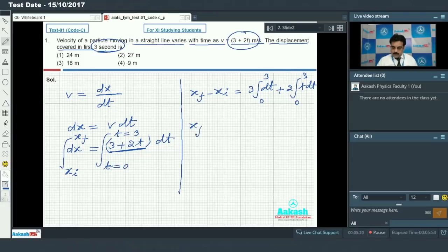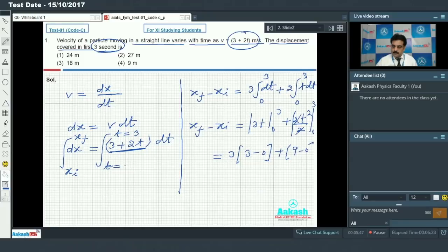So final position minus initial position gives 3t from 0 up to 3 plus 2t square upon 2 with limits 0 up to 3. If I use upper limit minus lower limit, the 2 will cancel out, so you will have 9 minus 0. So that will give you 9 plus 9, I mean to say 18 meter.